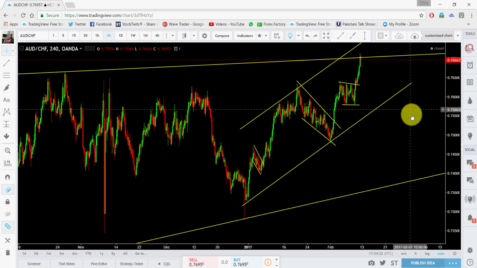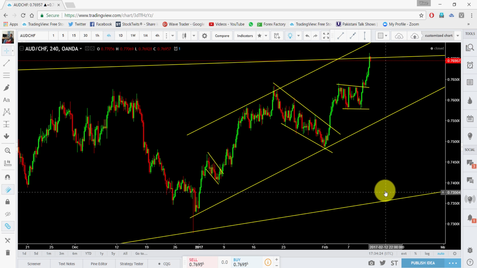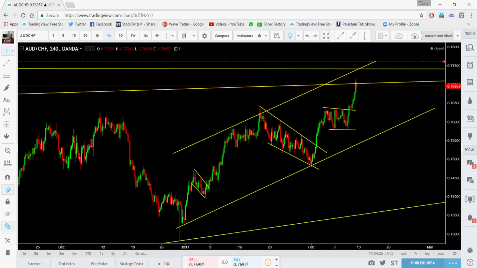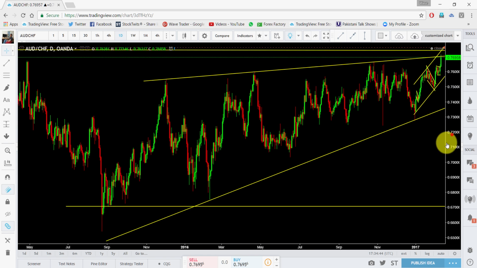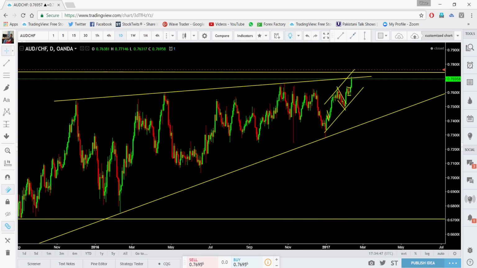So we can see this pair is changing at the top. I wasn't anticipating this move, although I was anticipating in some cases that price is going to rise and test the upper trend line. If you remember, this pattern formation was possible.